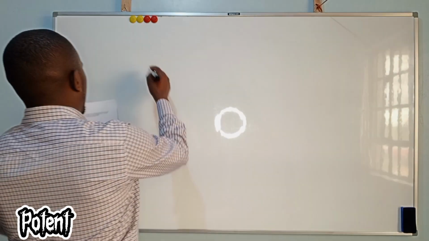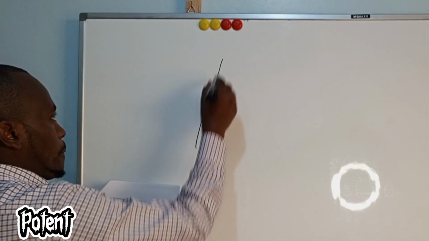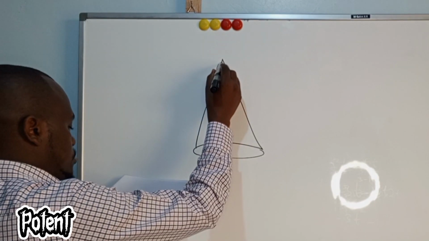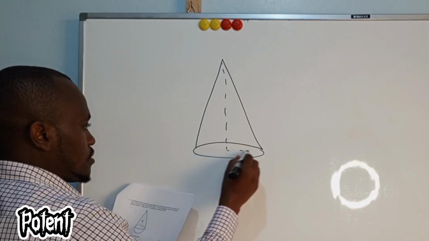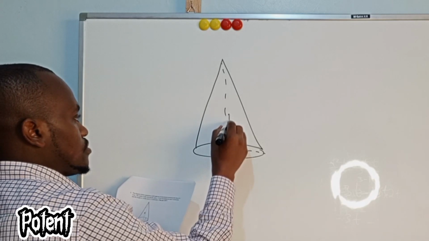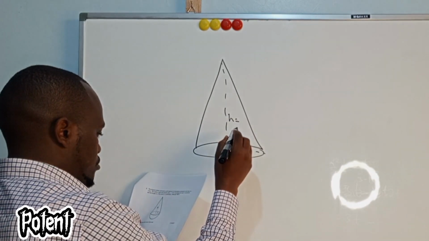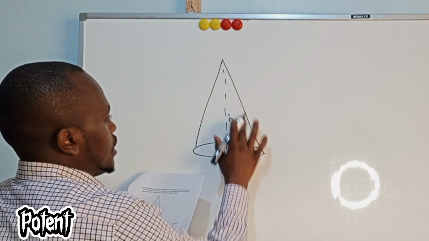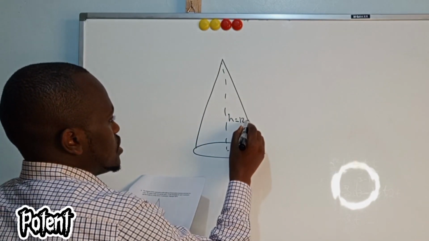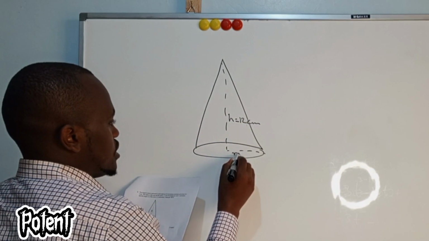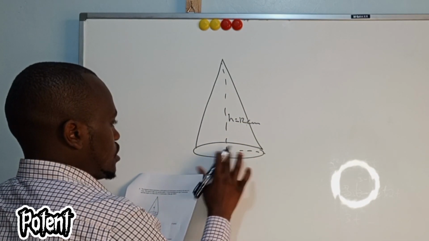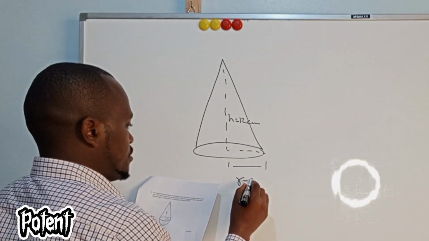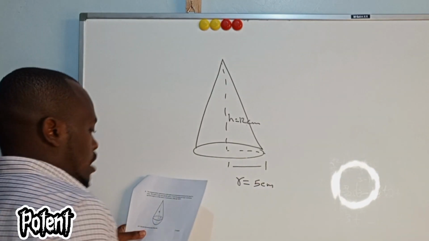Now, this question, you are given h. H is equals to 12 centimeters, and r is equals to 5 centimeters.